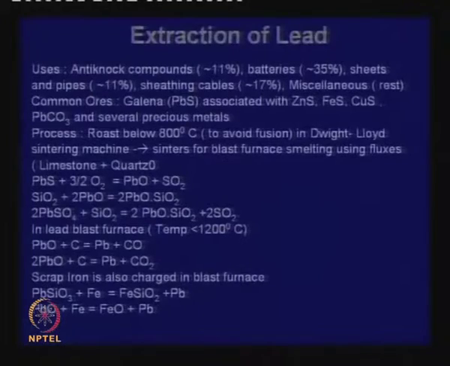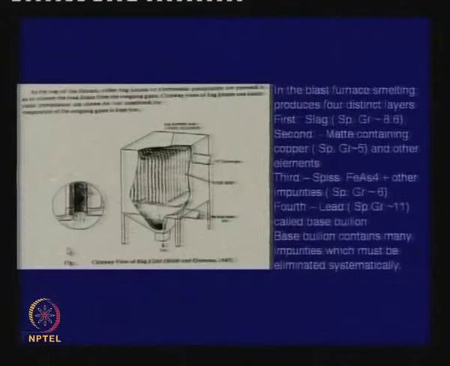This blast furnace is shorter in height and the temperature is not as high as that in iron blast furnace. It is around 1000 degrees, and it is straight simple PbO being reduced by coke to produce lead. That lead is called lead bullion.